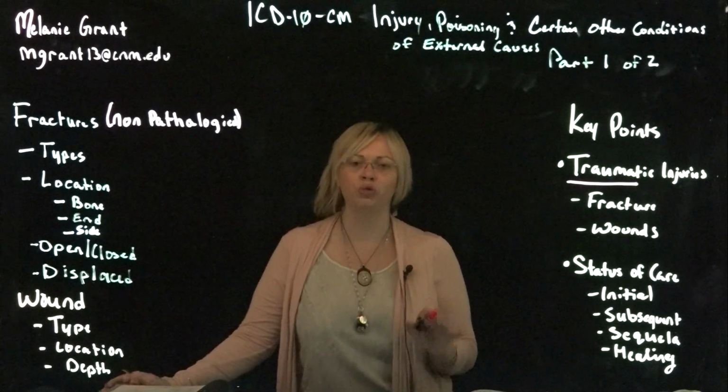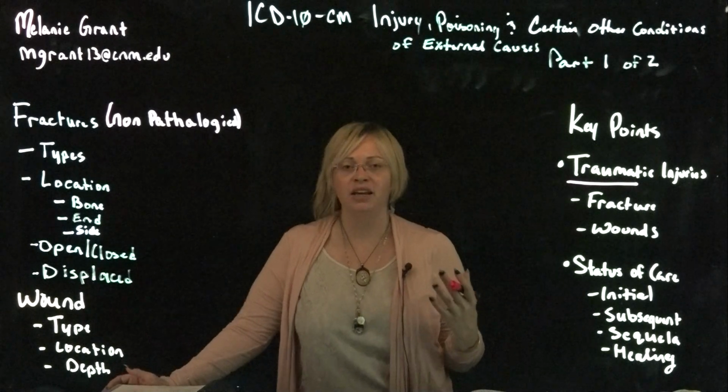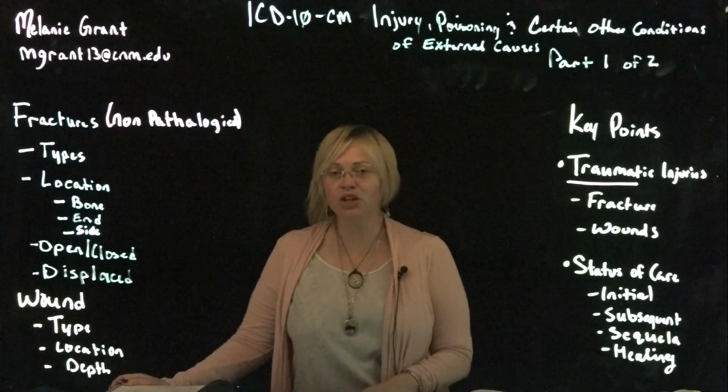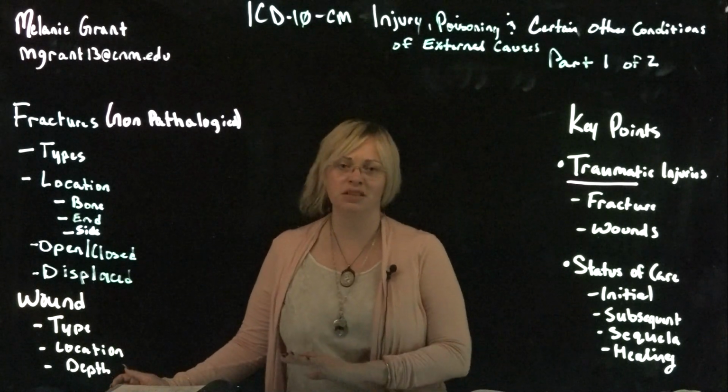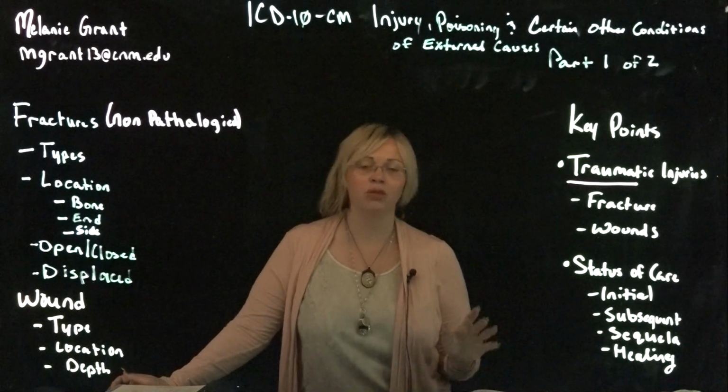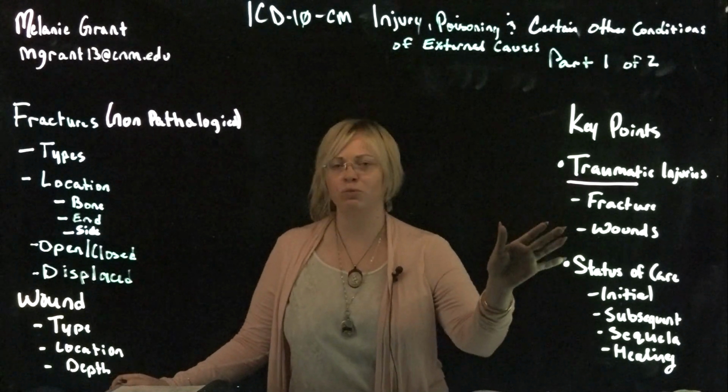Those are not considered traumas. Those are considered a condition of a disease, and those would fall under pathological fractures and be coded to the musculoskeletal section. For today, we're looking just at traumatic injuries for fractures and wounds.